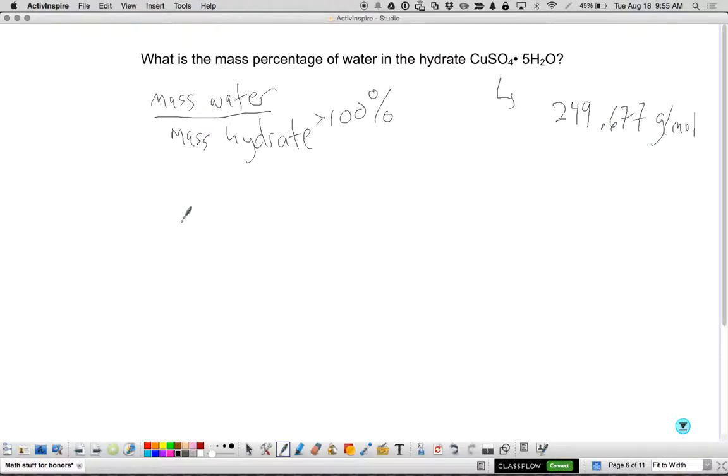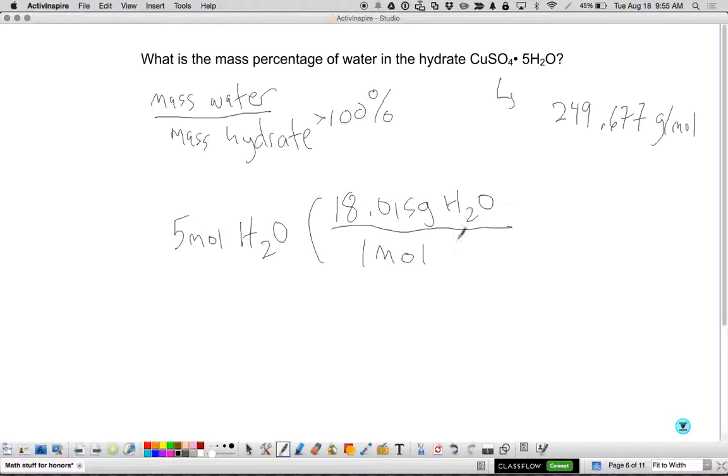But for the mass of the water, I know I have 5 moles of water for every 1 mole of the hydrate. So that's times 18.015 grams water for every 1 mole water, and then I get 90.075 grams water.